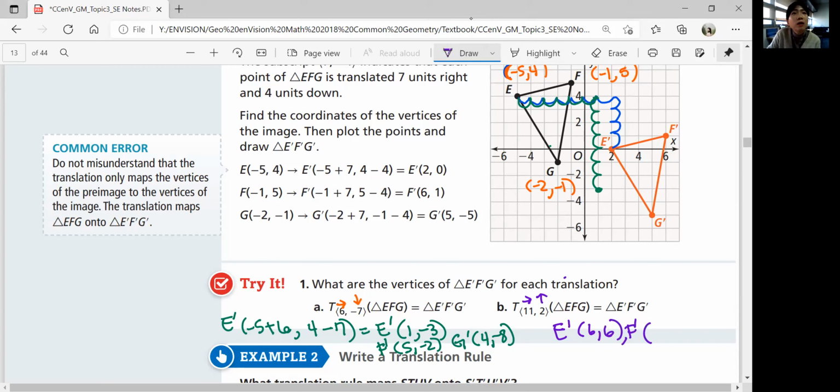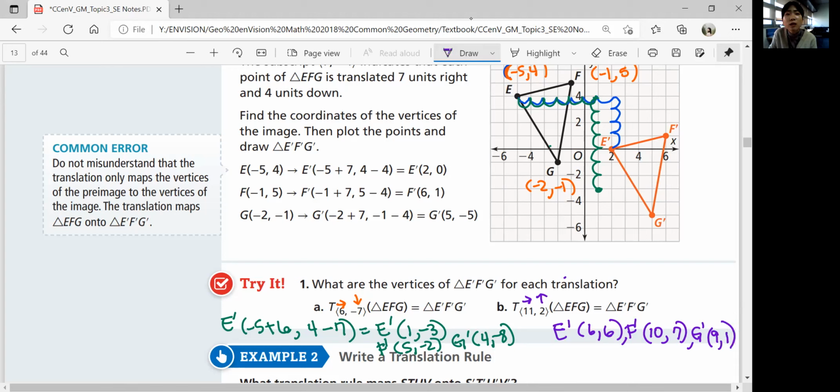F prime, negative 1 plus 11, which is just 10, and 5 plus 2, which is 7. And the last one, G prime, is negative 2 plus 11, 9, and negative 1 plus 2, 1.